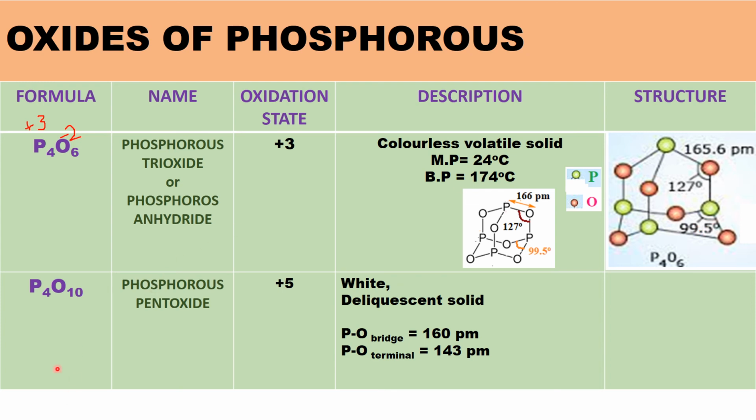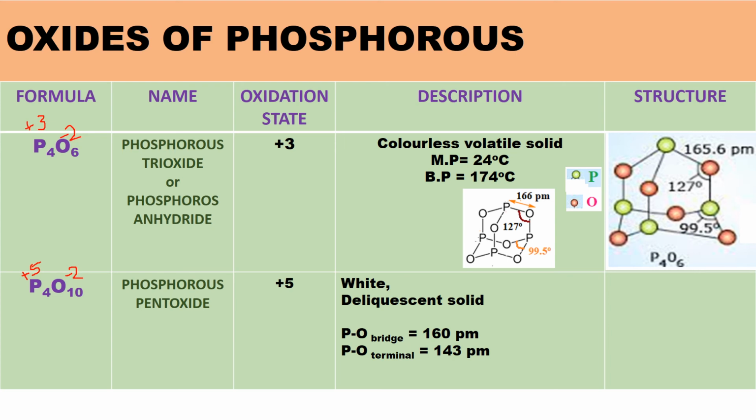The next phosphorus oxide is phosphorus pentoxide. It is also known as phosphoric anhydride, and in this molecule phosphorus shows +5 oxidation state. Phosphorus pentoxide exists as a dimer, that is P4O10.